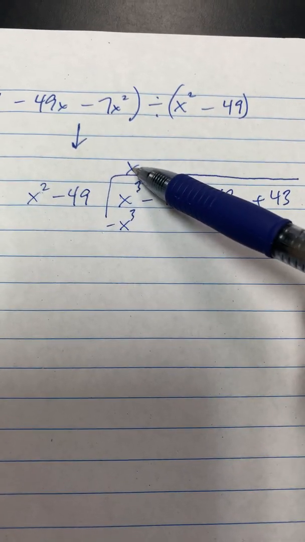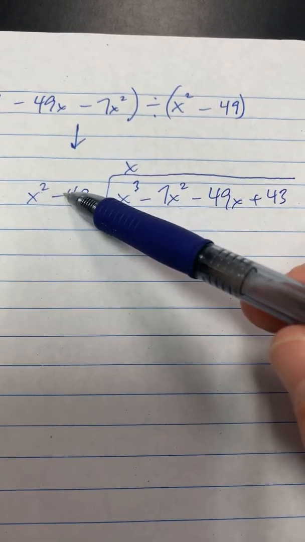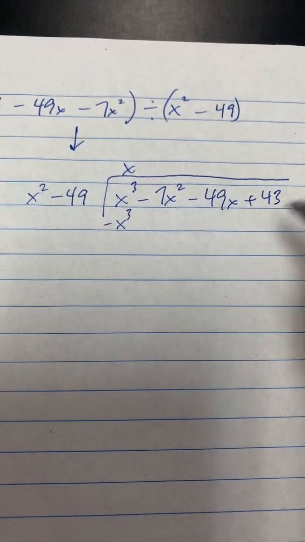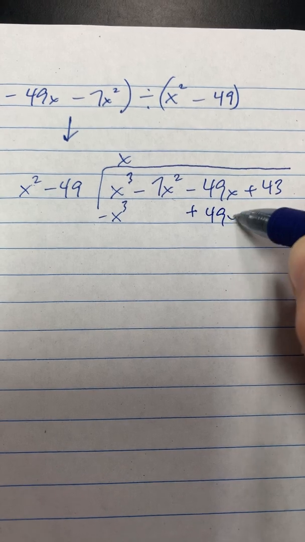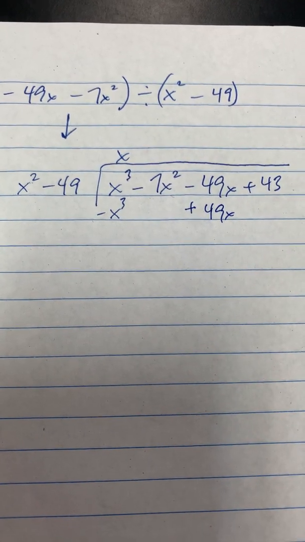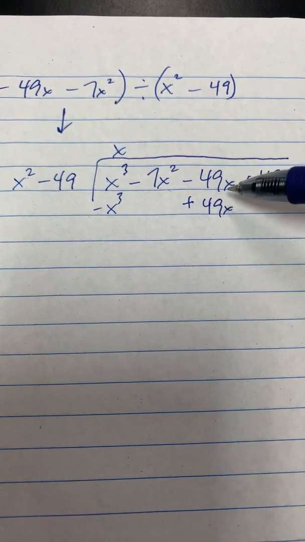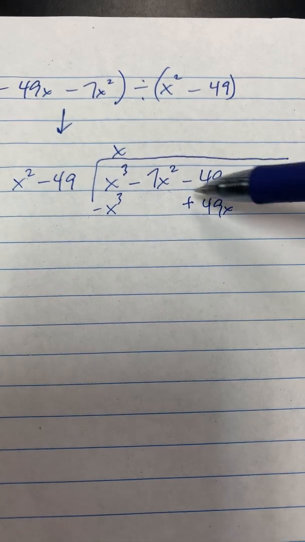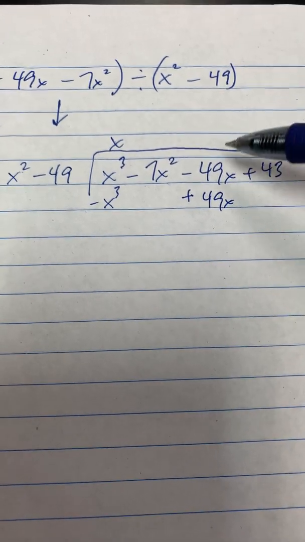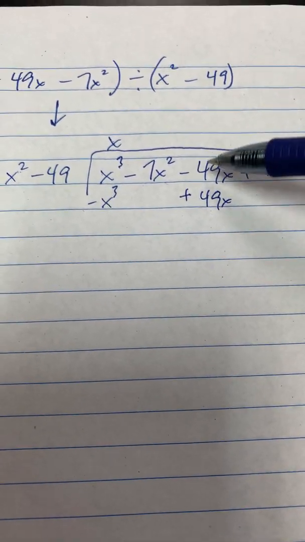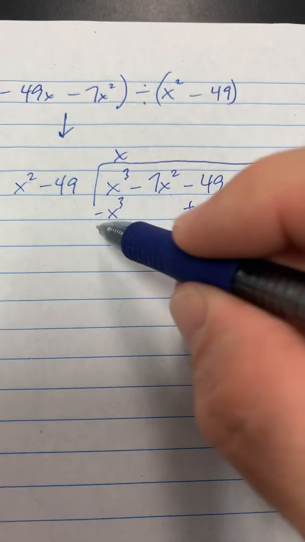I'm going to take x times negative 49. That would normally give me negative 49x, but we're going to change that to positive 49x. And notice where I'm putting that. I'm lining it up with its like term. I'm not going to line it up under the negative 7x squared because I want to line my terms up as like terms.